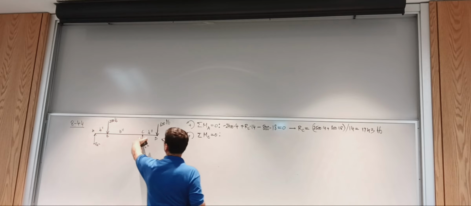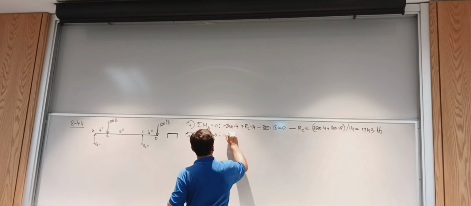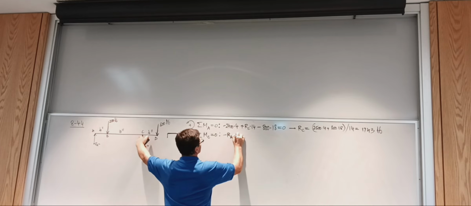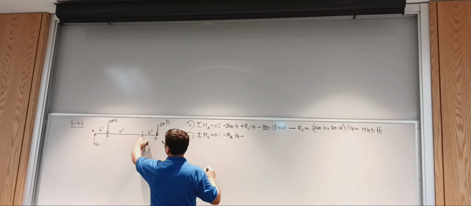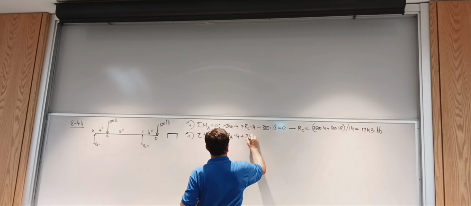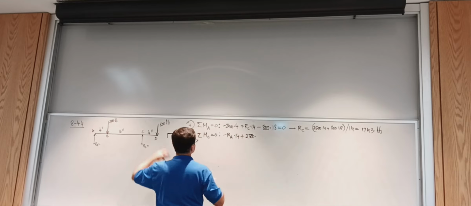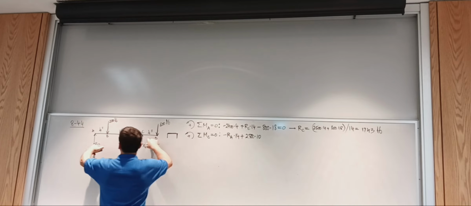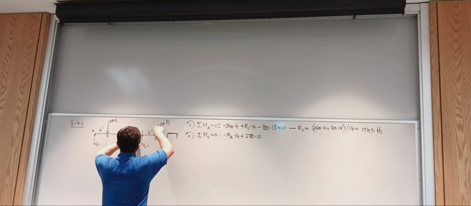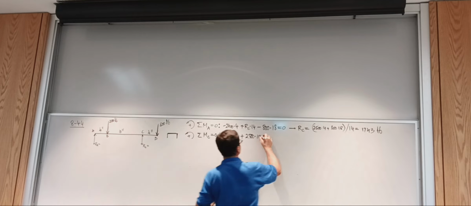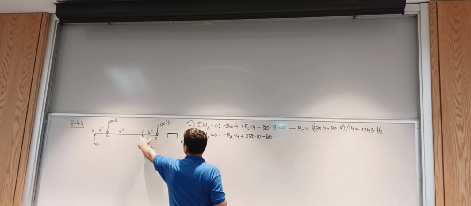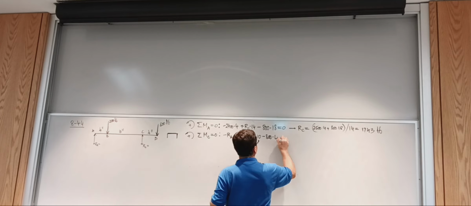So we have negative RA times the full length of the beam, 14 inches, and then a positive moment due to the 2,500 pound force, with the arm of 10, and a negative moment from the 800 pound force times 4, equals 0.